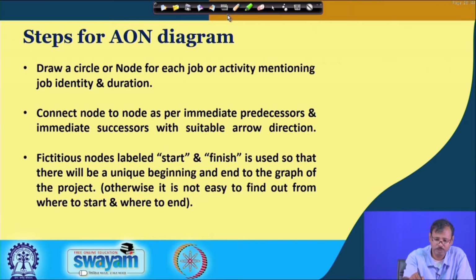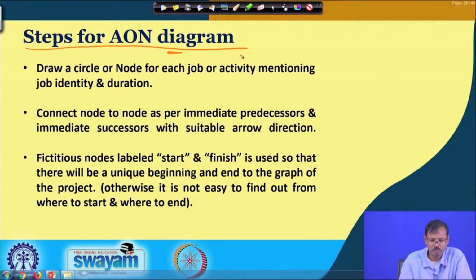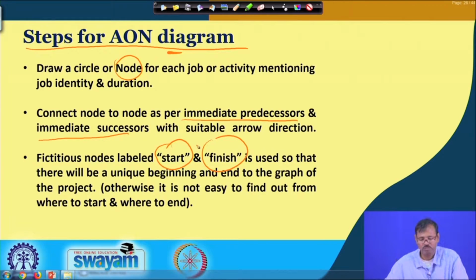Now, let us see the steps for constructing the AON diagram. So, we have to draw a circle or node for each job and activity, then connect the nodes as per the immediate predecessors and immediate successors, and there must be two nodes for start and finish, so that there will be a unique beginning and end for the project graph.